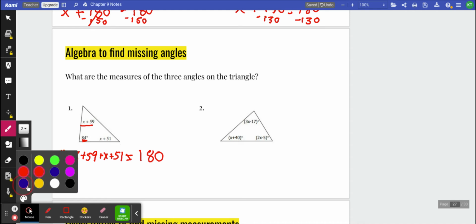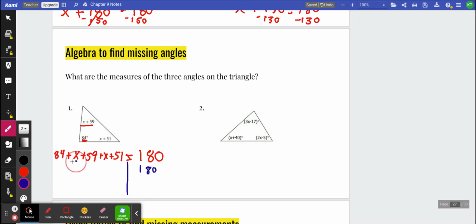So now we have to use algebra to solve this. I'm going to start with my left side and my right side. My right side's easy. It's just 180. But over here, I have like terms. I have 1x here and I have another x here. So I have 2x when I combine them together.